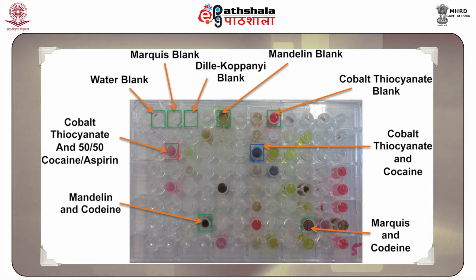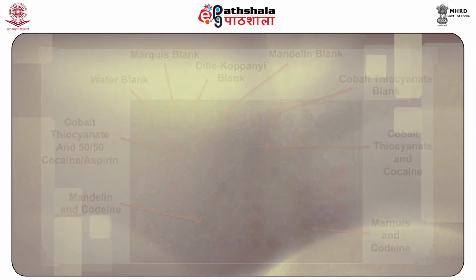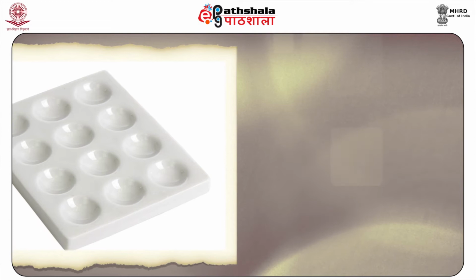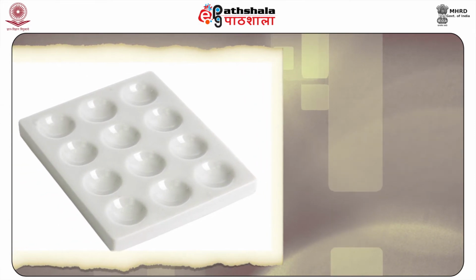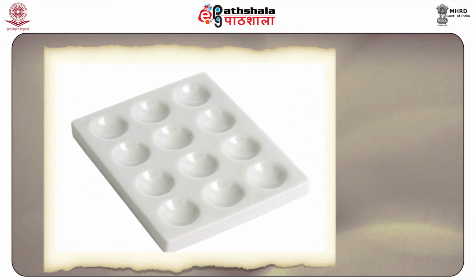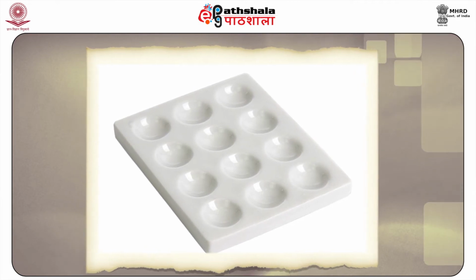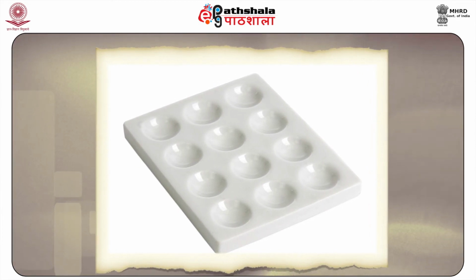Color test reactions are commonly performed in crime laboratories using spot plates. Spot plates are small ceramic or plastic dishes that contain several wells. Because most drug color tests are quite sensitive, requiring only a few micrograms of the sample being tested, the small wells of a spot plate are ideal for analysis.